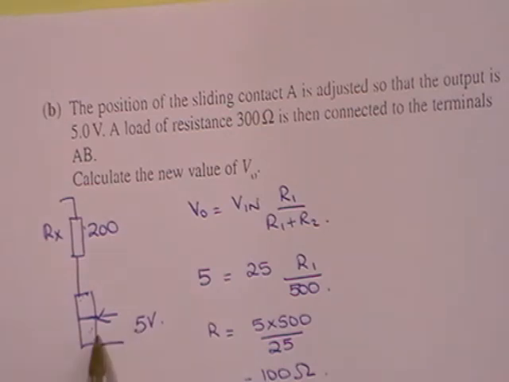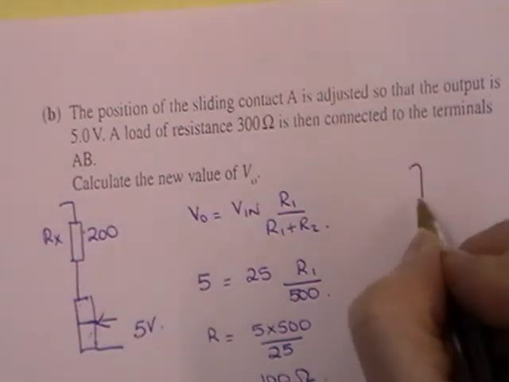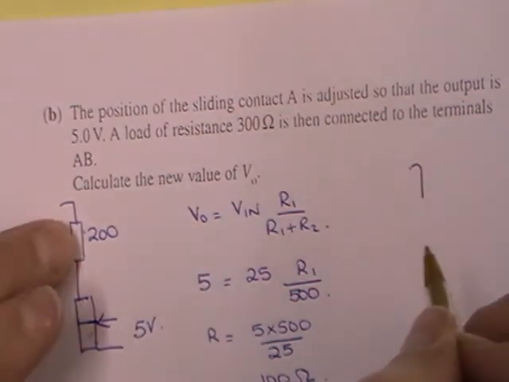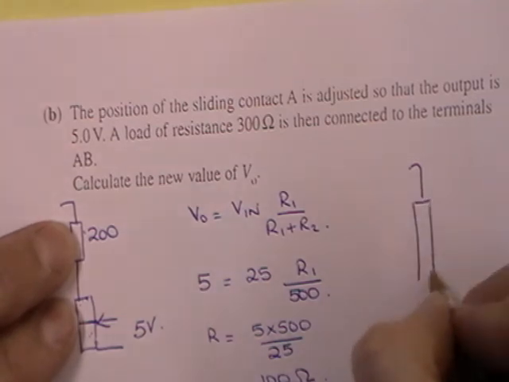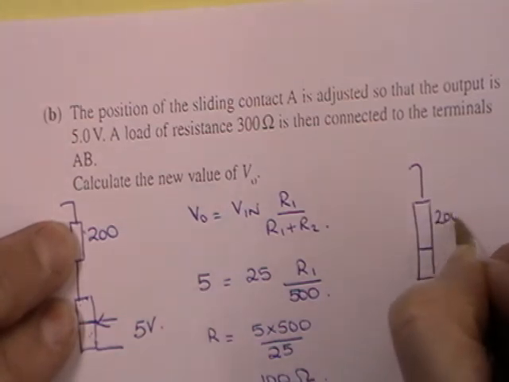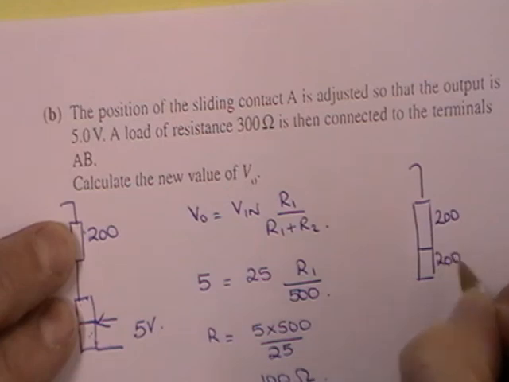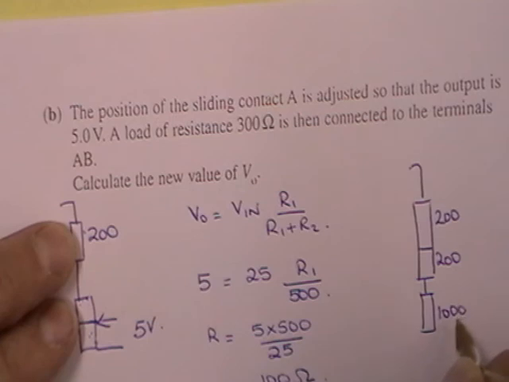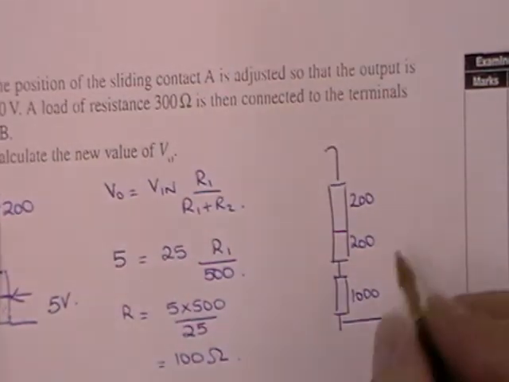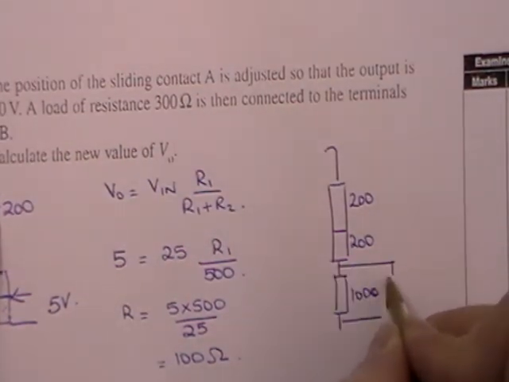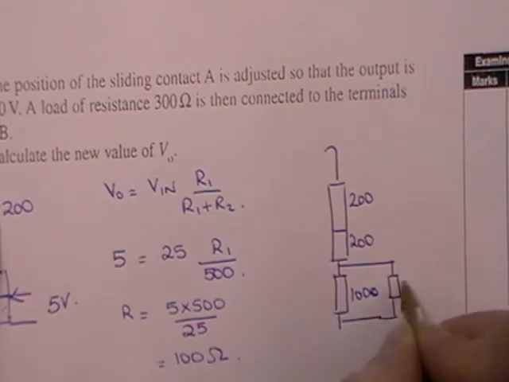Right, so if we go back to the circuit again then, really what we've got is 200 plus 200 here. So it's 200 for the Rx and 200 of the Ry. And then we've got our 100 here, and it's connected in parallel with a 300.